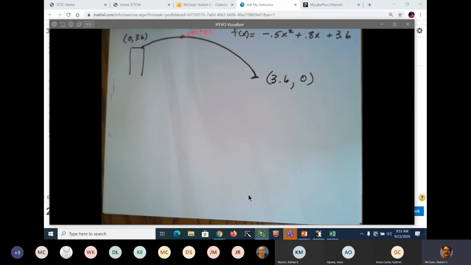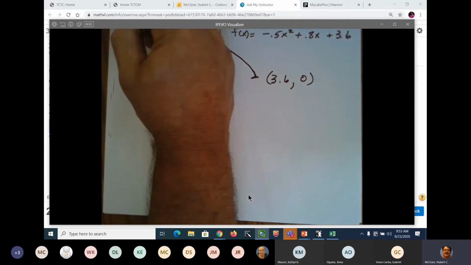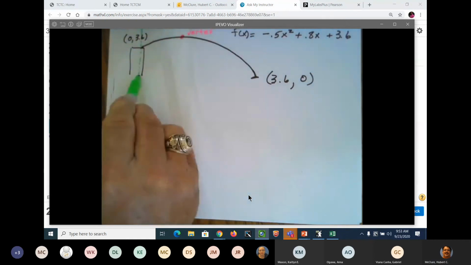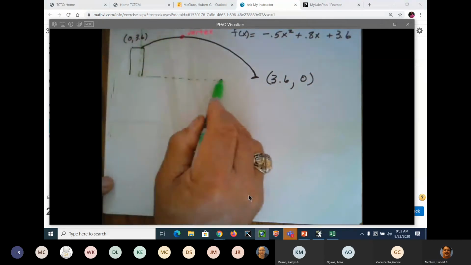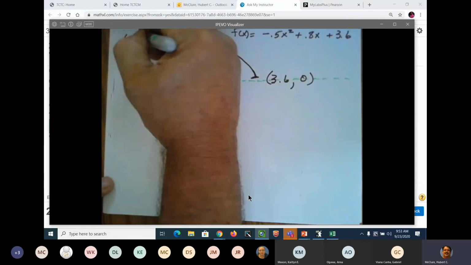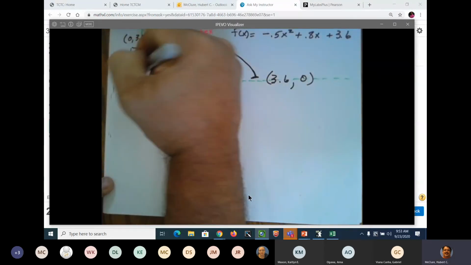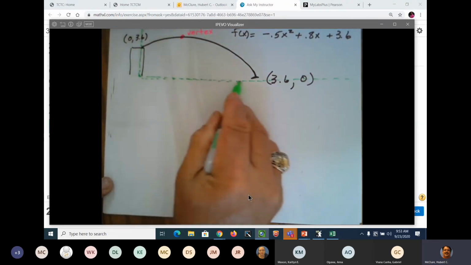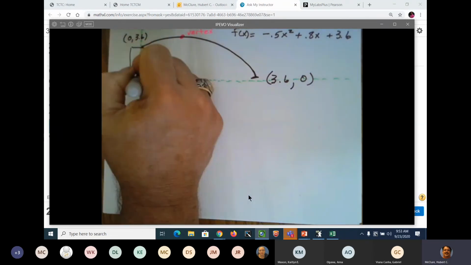Well, you're going to take a green marker, and I'm just going to draw a grid. And we know that this is 0 feet.